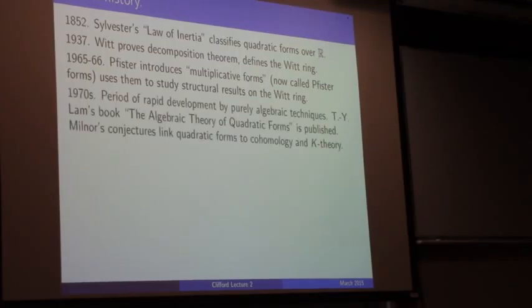After that, in the 1970s, there was a lot of activity in this area by purely algebraic techniques. The whole theory is very appealing. It's very elementary. I heard that in Germany, at one point, it was even included into the undergraduate curriculum.